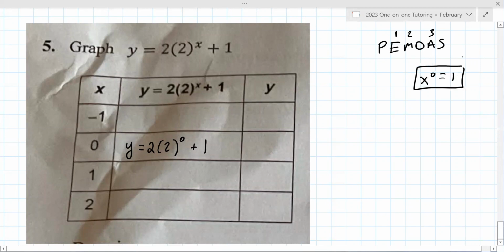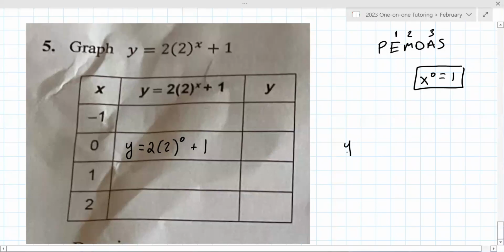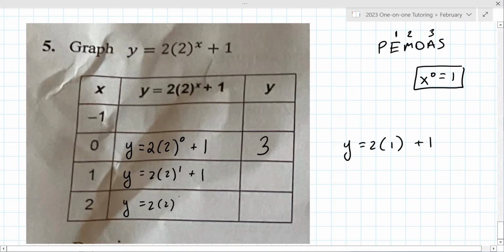I know there's not a lot of room here, but you'd almost want to rewrite it as Y equals 2 times 1 plus 1. So now you're up to the multiply step. 2 times 1 is 2, plus 1 is 3. Okay, so will you try the next two? Tell me what you come up with. Make sure you follow that order of operations.